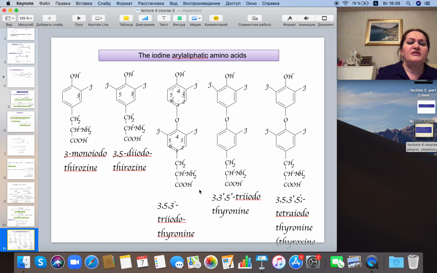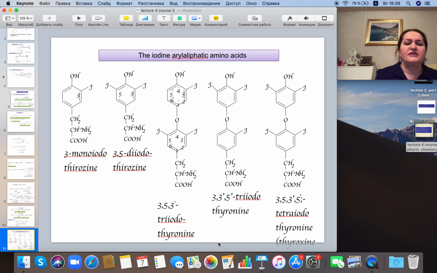And in medical practice we use thyroidin as a preparation, and thyroidin consists of two substances. First of all, L-thyroxine, which is 3,5,3',5'-tetraiodothyronine, and liothyronine. Liothyronine is 3,5,3'-triiodothyronine.